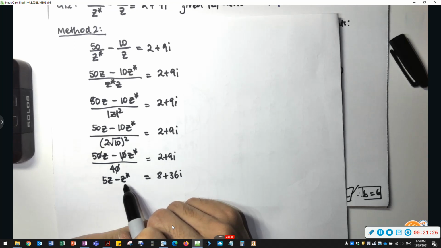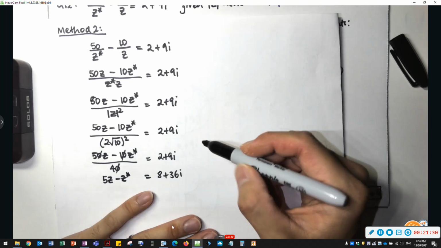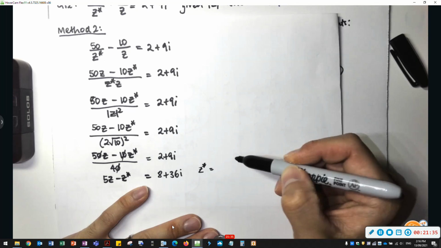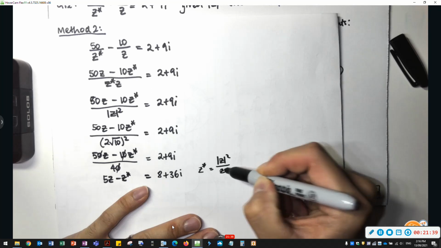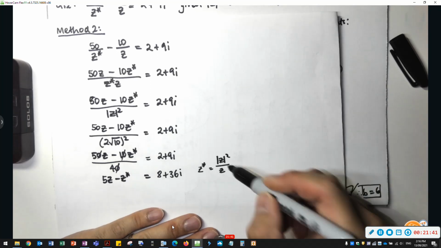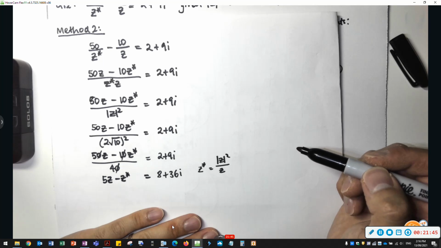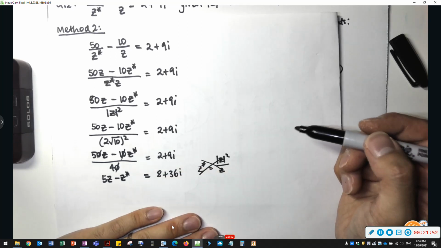I'm trying to avoid doing that because in the previous slide we noticed that z star equals the square of the modulus over z. So if I substitute that into it, I'm just going to end up getting a z squared. No, I think at this point it'll be easier to now substitute the a plus bi.